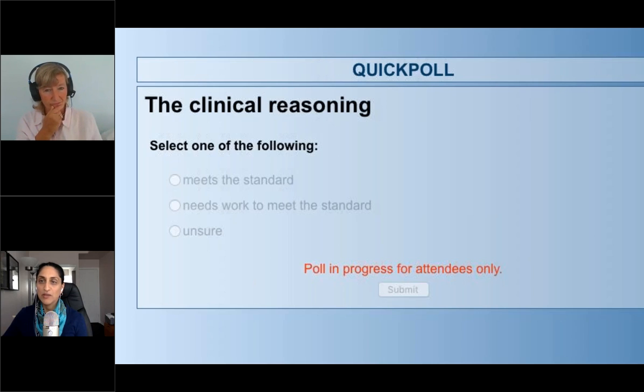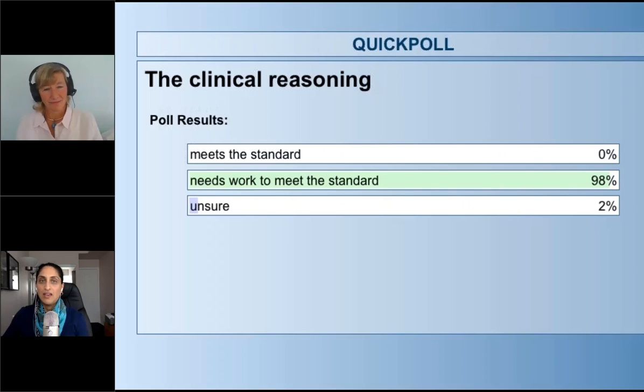Okay, and now we have lots coming through. We're at about 50% of people who have put in their votes. So I will close the poll and share those results. And the great majority feel it needs work to meet the standard. We don't have anyone who said it meets the standard, and a couple who are unsure.